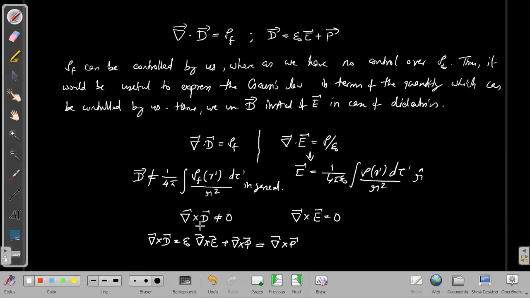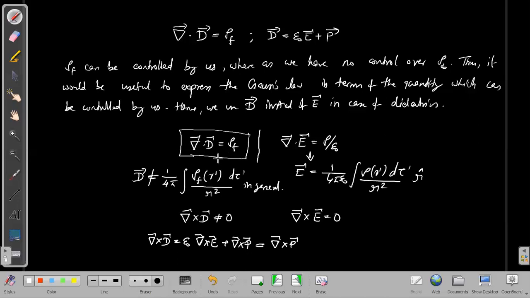That is, the electric displacement and the electric field are not actually the same. There is no Coulomb's law for electric displacement, whereas we have Coulomb's law for the electric field. Anyhow, this is an important equation for us, so we will use it to find the electric displacement. In some cases, it would be very easy.